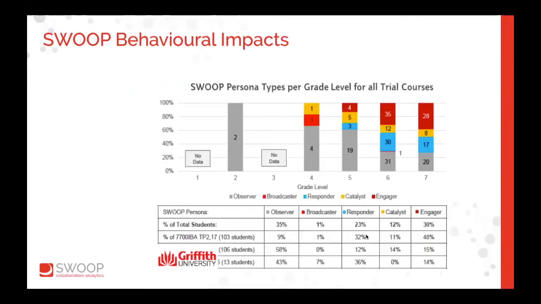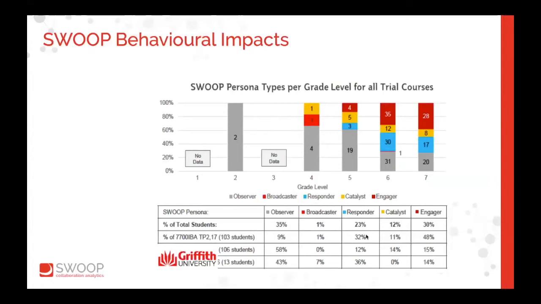This second one, Griffith University, is an Australian university that was using Yammer for their postgrad courses, and they did some independent research. They told us about it later on. They said, we've had hundreds of students and classes using Yammer, and we've been running Swoop analytics over the top of it.